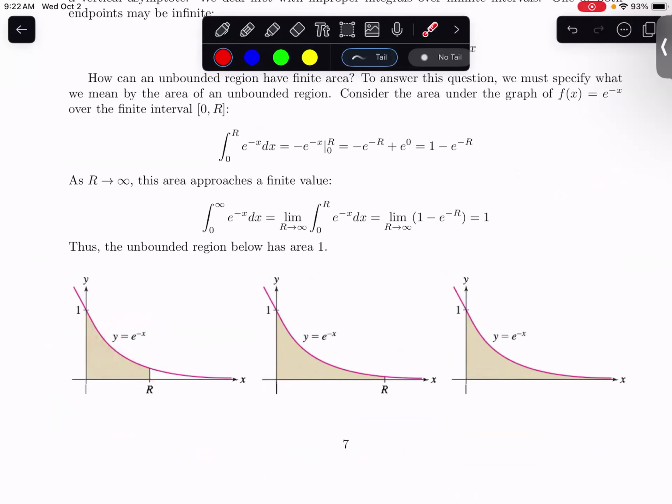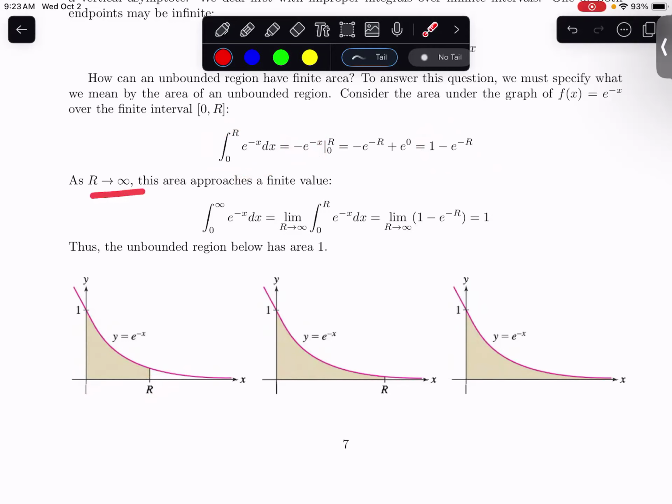And so the idea is you start off with computing this integral from 0 to r, which is done here. And then you'll get a finite number because this is a finite interval and we don't have a vertical asymptote anywhere. So if you compute this integral, the integral would just be minus e to the minus x evaluated from 0 to r. And so you end up getting 1 minus e to the minus r right here.